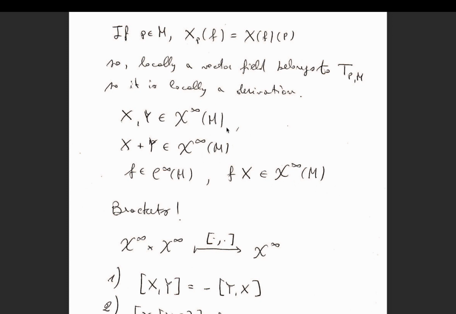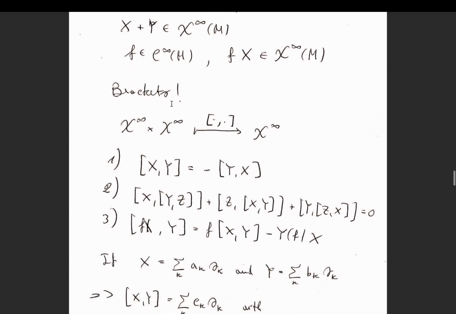On this space of smooth vector fields, we can introduce a bracket, so a bilinear map with respect to the reals, from K infinity times K infinity into K infinity, which satisfies three properties. The bracket [X,Y] is actually equal to XY minus YX.